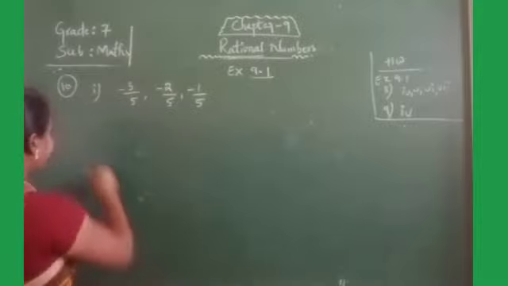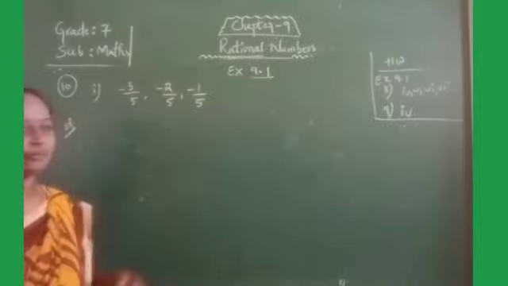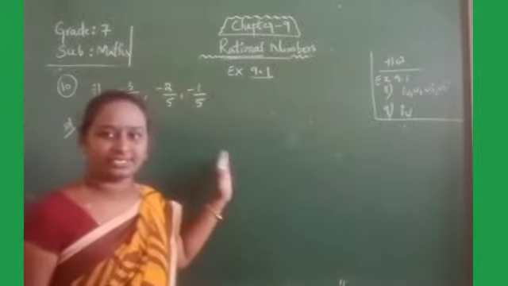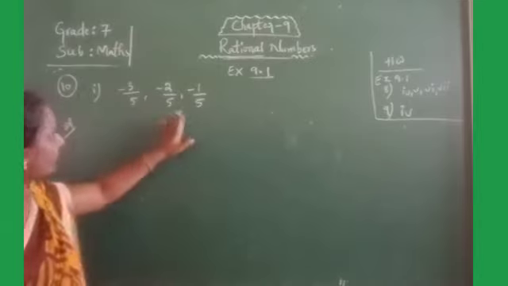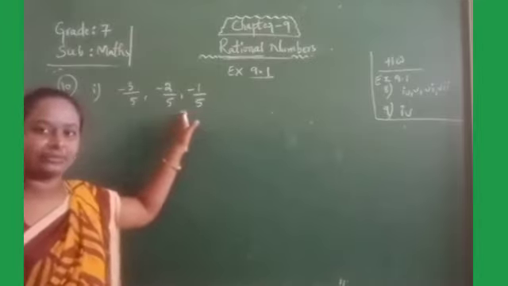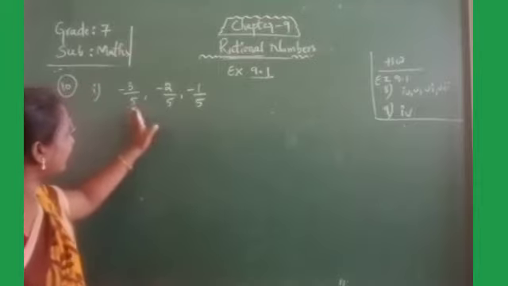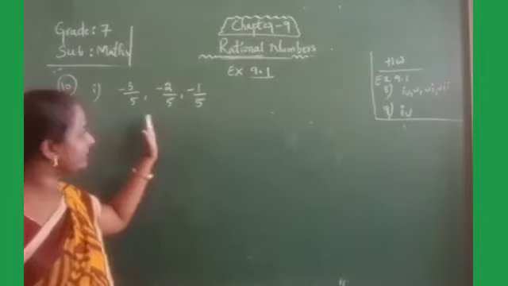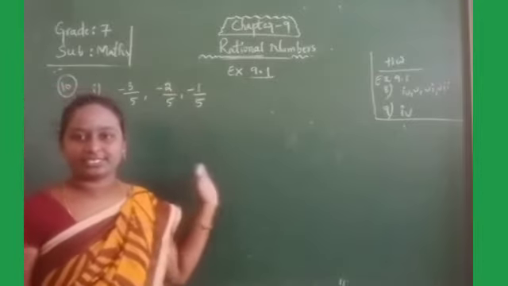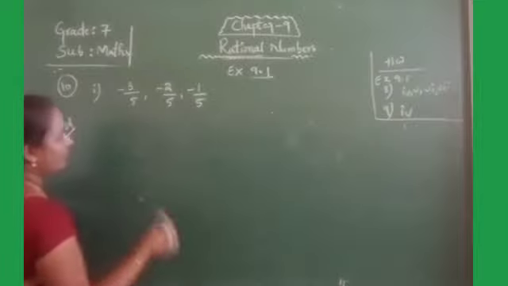So how to write these rational numbers? Before writing the ascending order, first see whether all these rational numbers have the same denominator. Yes, so these all have the same denominator. So then it is easy to write the ascending order. You know very well which one is smaller.